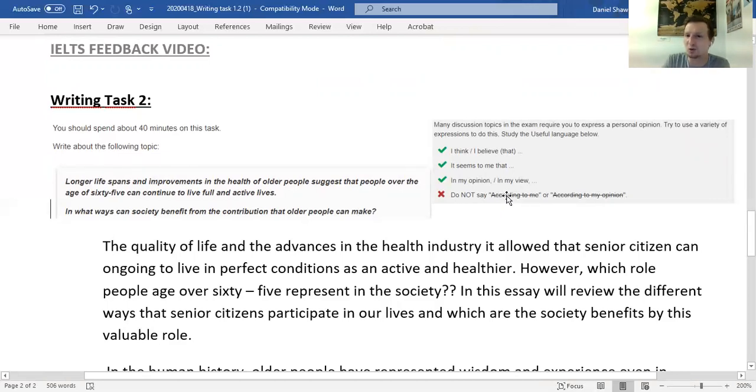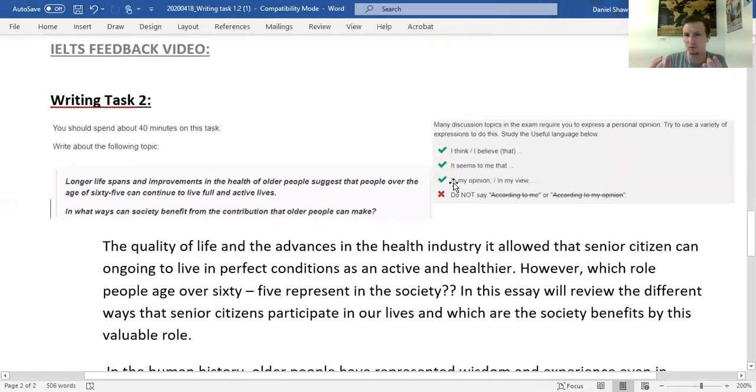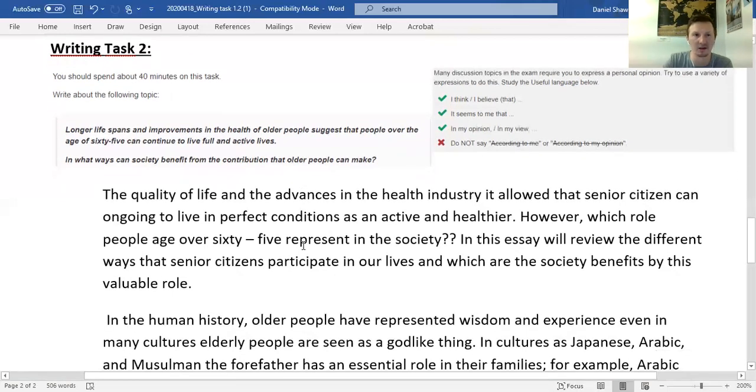Do not say according to me or according to my opinion. You can't really refer to yourself in the third person or the first person. Unless you're a published author or a researcher, we shouldn't really say according to me or my opinion because it's not really valuable in an academic sense, especially if you're doing an academic writing task like this.